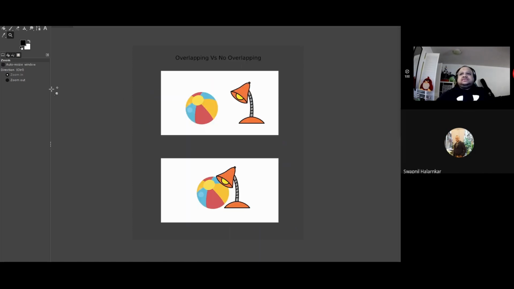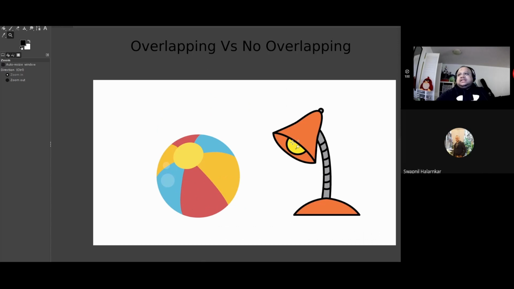So what do you see here? There are two objects, a ball and a lamp, but we don't know which one is in front and which is behind. We cannot tell whether the ball is behind the lamp or the lamp is behind the ball.